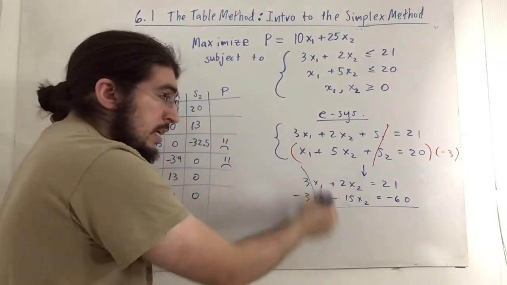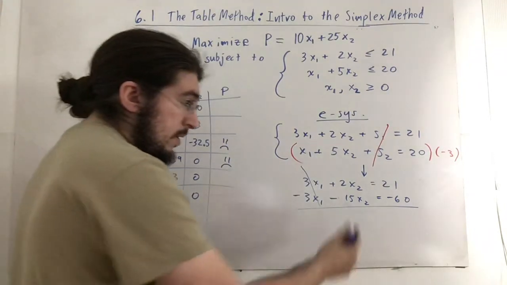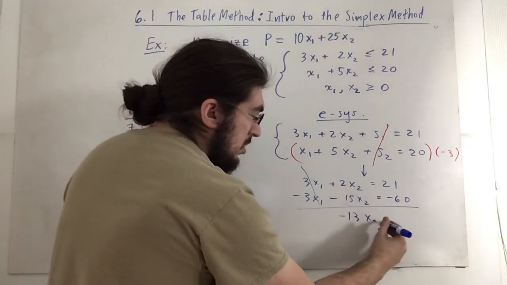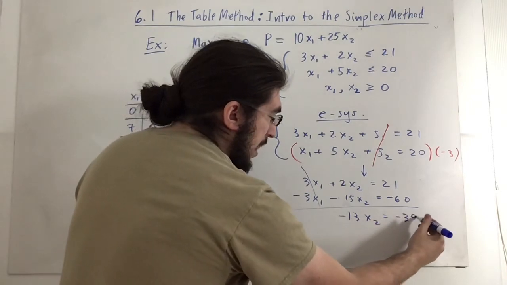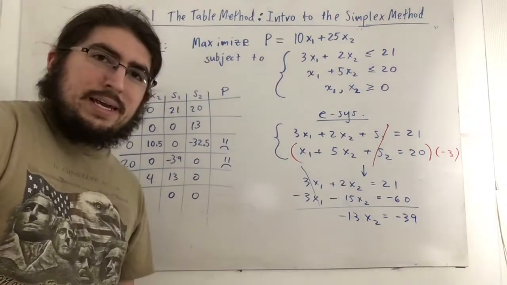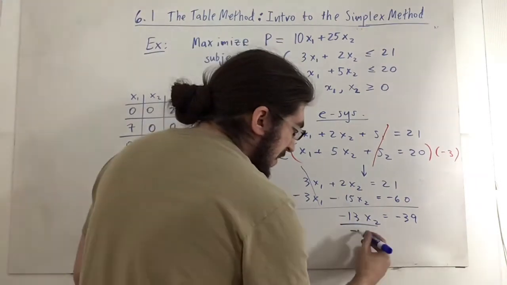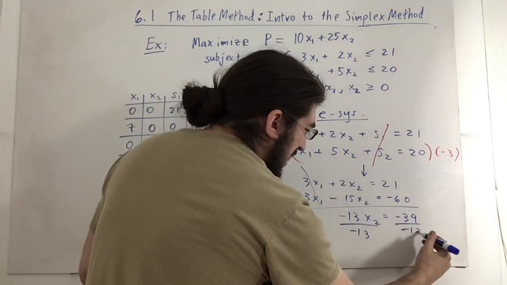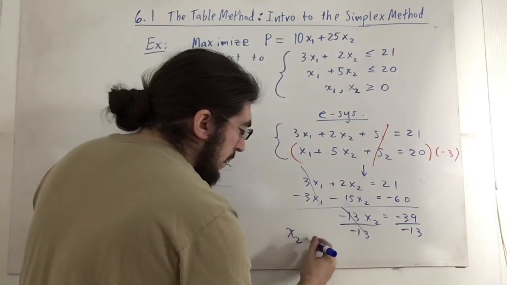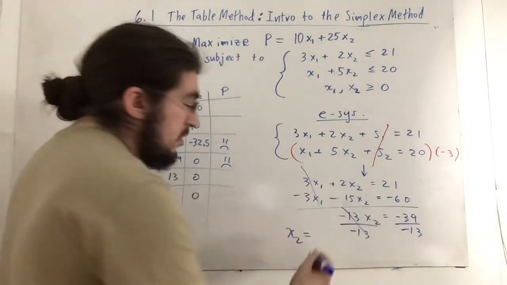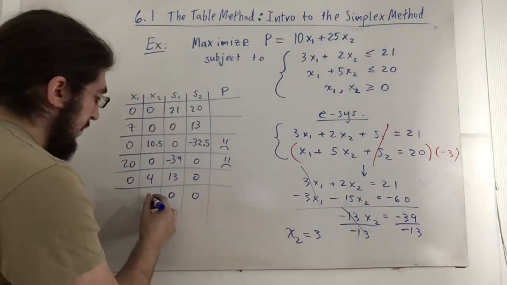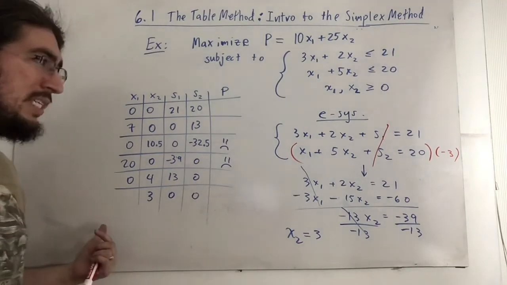Add straight down, the x1s cancel just like I said they would. We get negative 13x2 is equal to negative 39. Okay, divide by negative 13. Negative over negative is positive, so x2 is going to be positive. 39 over 13 is 3, so x2 is 3. What's x1?